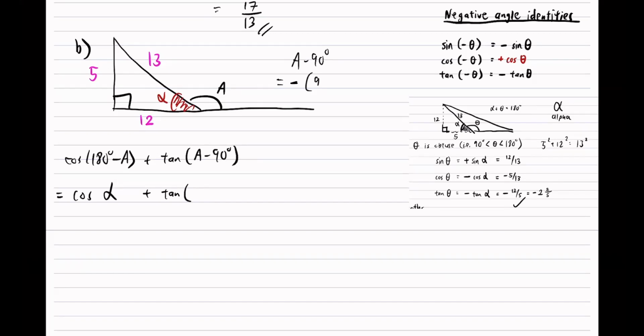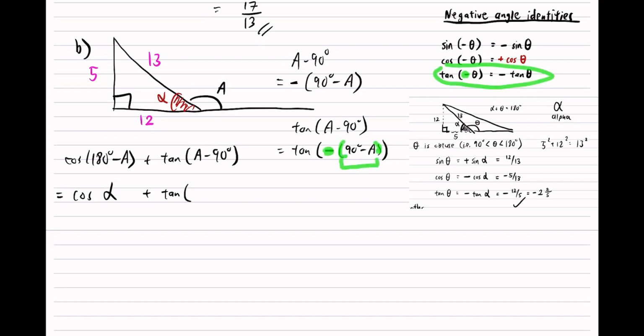Negative 90 degrees minus A. So tangent of A minus 90 degrees is the same as tangent of negative 90 degrees minus A. Then because of this rule, when you got a minus in front of the angle, it's just that the angle here got two terms, 90 degrees minus A. You can take out the minus sign. So it's actually equals to negative tangent of 90 degrees minus A.